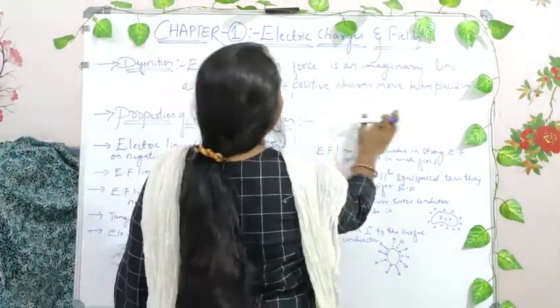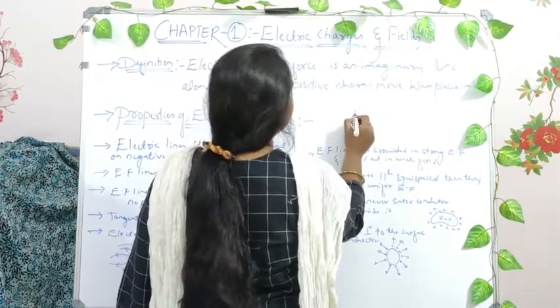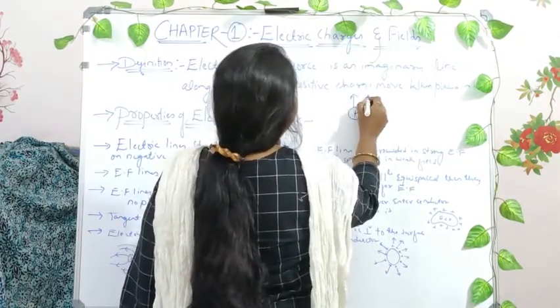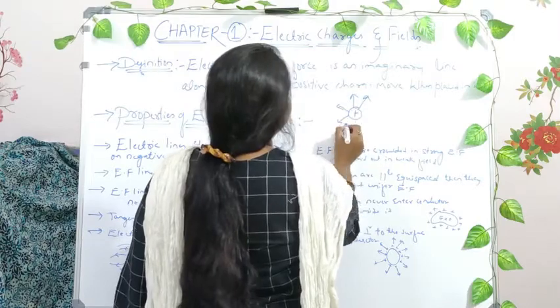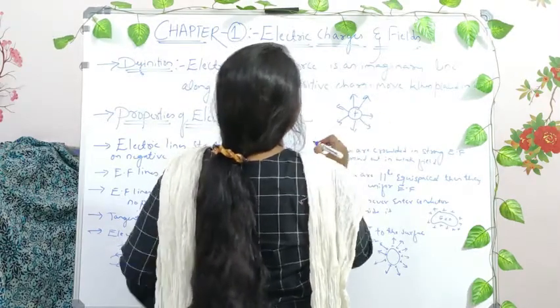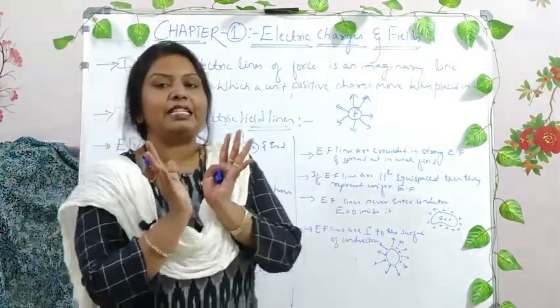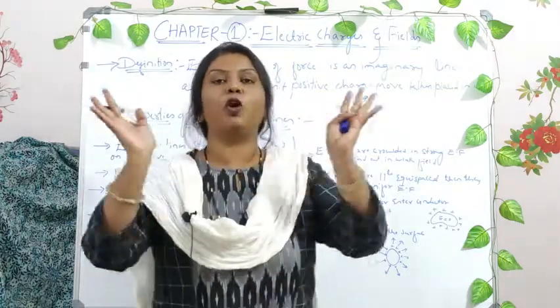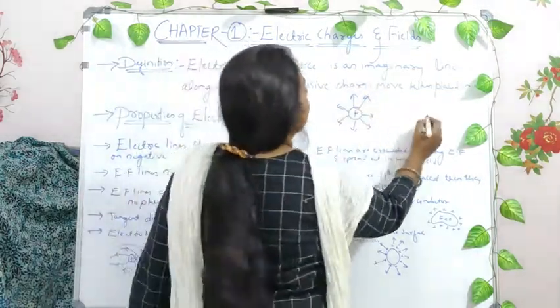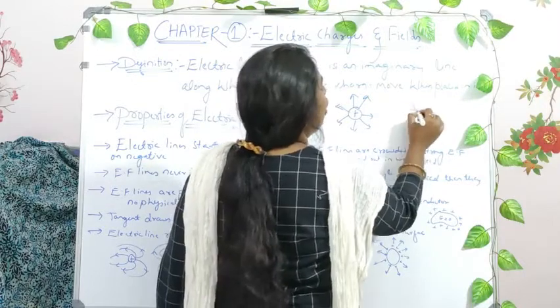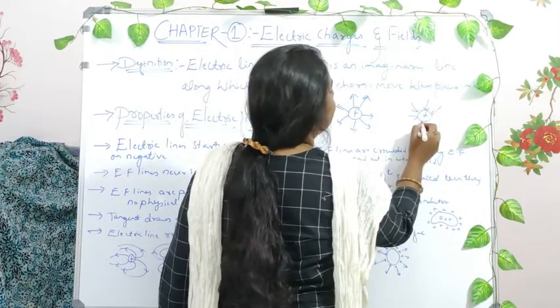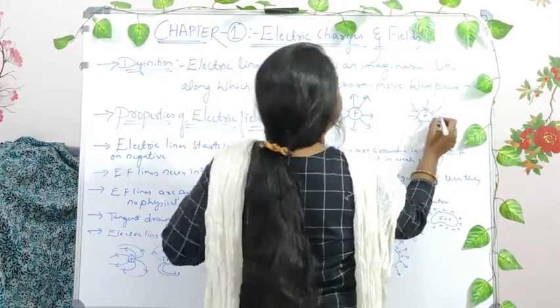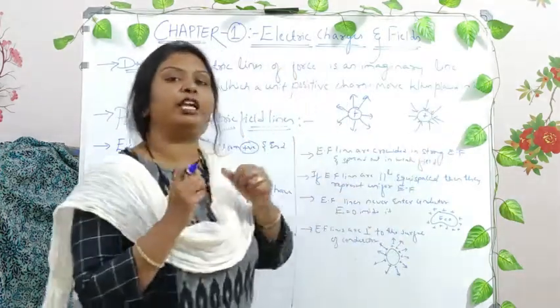It means whenever you have a positive charge, the electric field lines always start from the positive charge, right? All the field lines from the positive charge move outwards. Similarly, when there is a negative charge, all the field lines converge at the point of the negative charge, right?